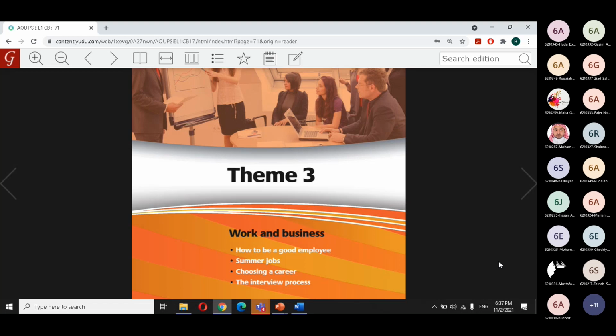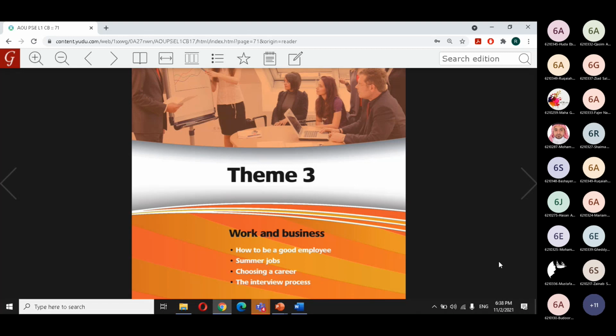If you have a job, or even if you want to have a job, you need to be a good employee. So the question is, how? How to be a good employee. Summer jobs, choosing a career, how to choose a career, how to choose your future job, how to think about your job in the future.